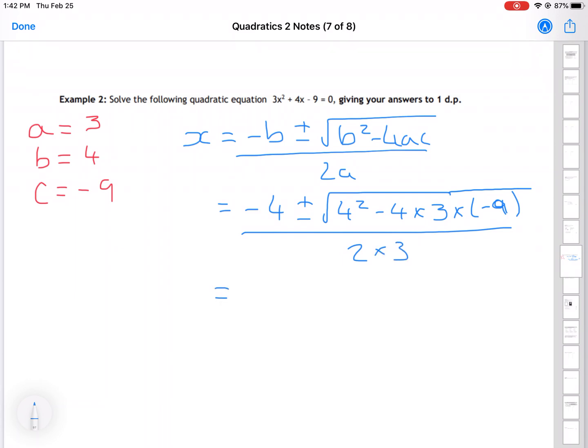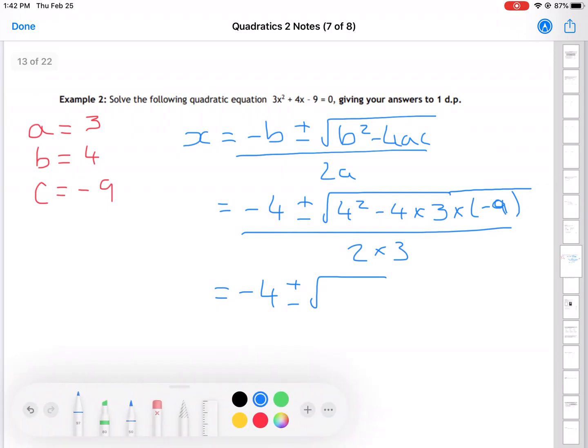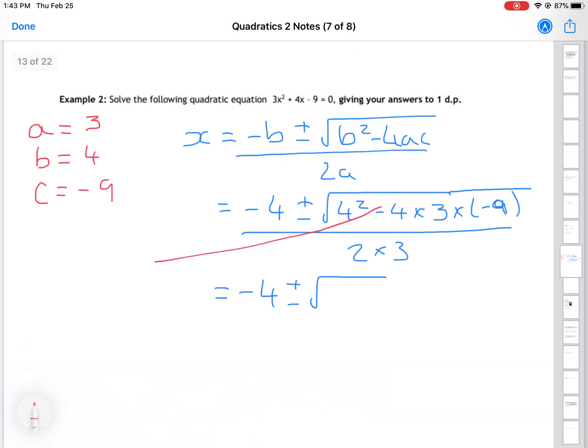Again, I'll tidy up that bit underneath the square root before I split it up into plus and minus. So 4 squared is 16. Okay, so if I was to do this out at the side here, this calculation would be 16 take away 4 times 3 times negative 9, which is negative 108.